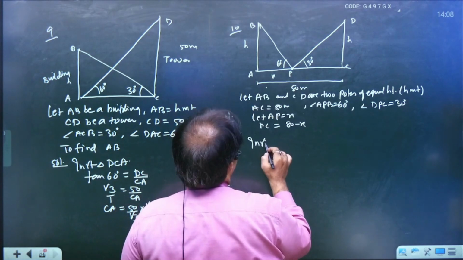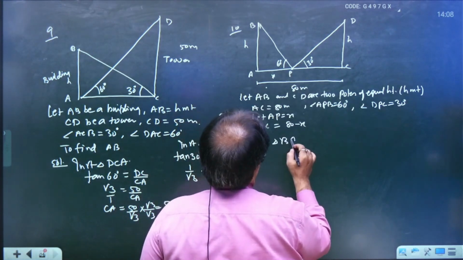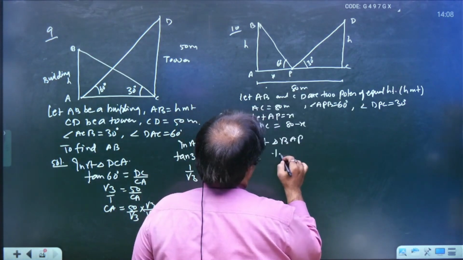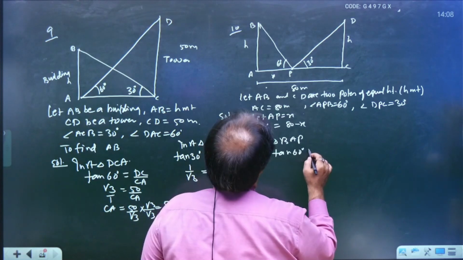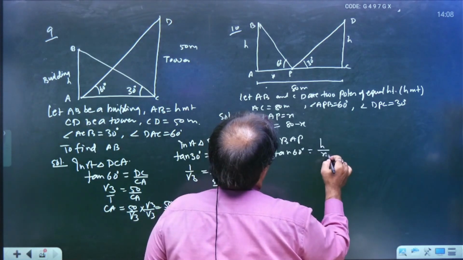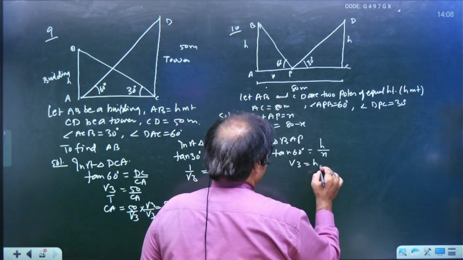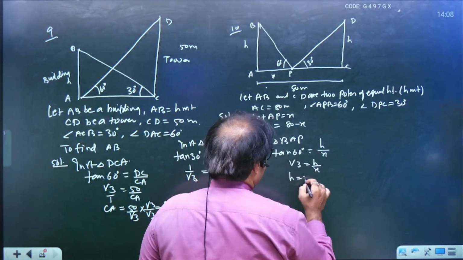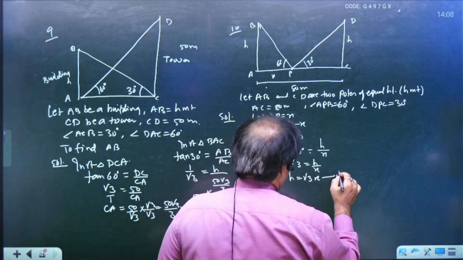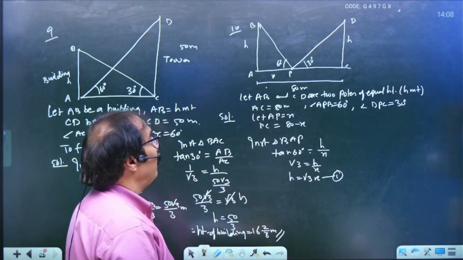Now in right triangle BAP, tan 60 degrees is equal to perpendicular upon base, tan 60 is root 3, and this is h by x. So h is equal to root 3 x, and put it as relation number 1.